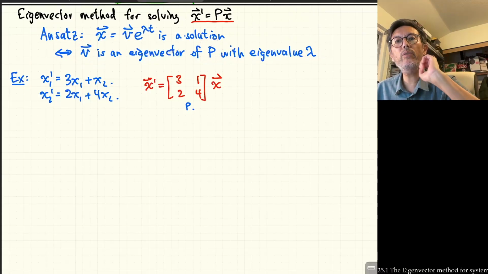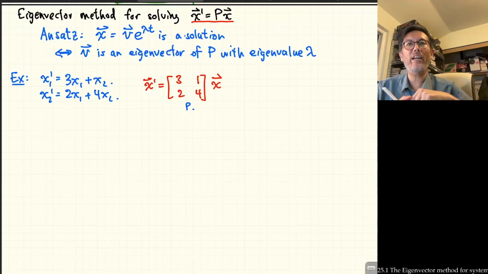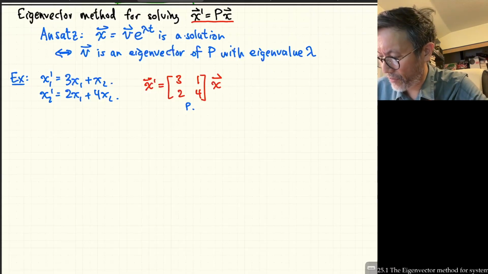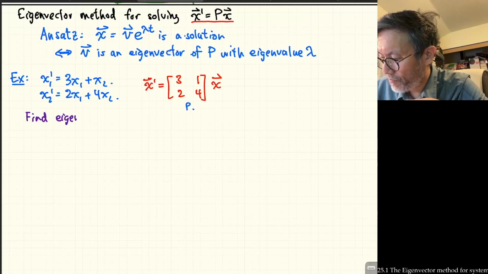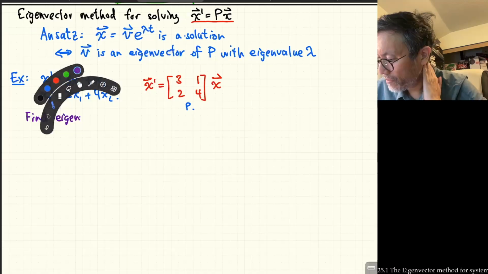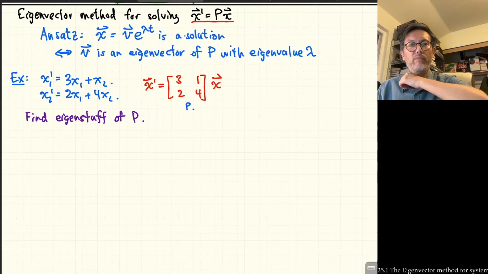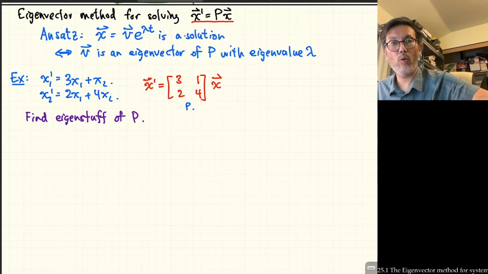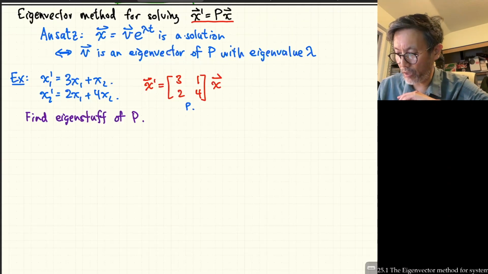So what we should do is find the eigenpairs, the eigenvalues together with the eigenvectors of P. Find the eigen stuff of P. Okay, so we've talked a lot about how to do this, so this should be more or less reflexive at this point. What we're going to do is first find the characteristic polynomial.